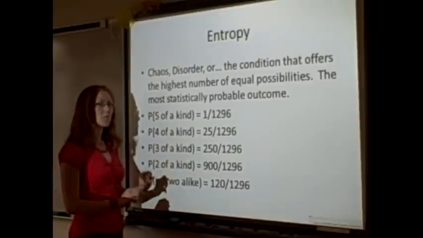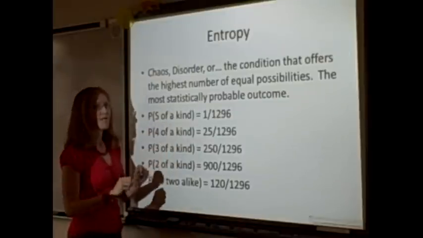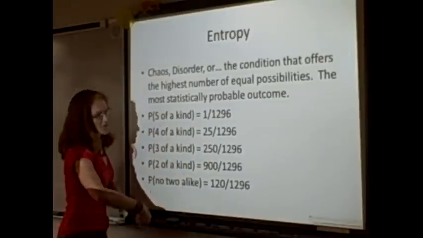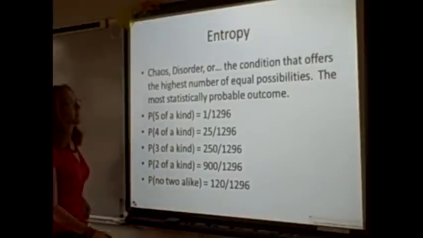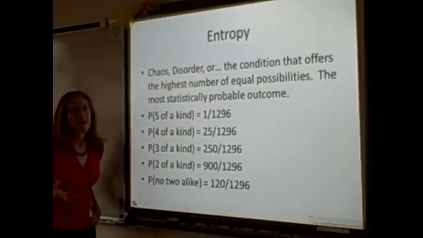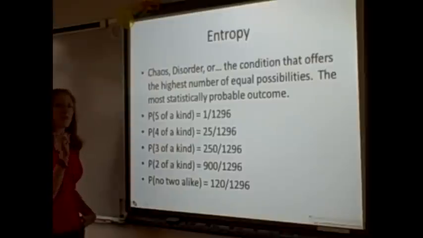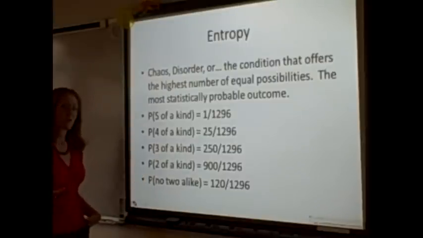I'd probably have to cheat and put in some work to arrange the particles so my dice would have 5 of a kind, versus I could probably just roll the dice once and get my 2 of a kind, maybe twice. So when we're saying particles are chaotic or in an arrangement that offers the highest number of equal possibilities, or the most statistically probable outcome, that's going to be high entropy. That's when your system is at high entropy.